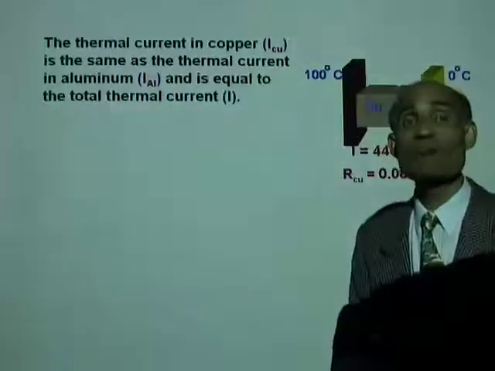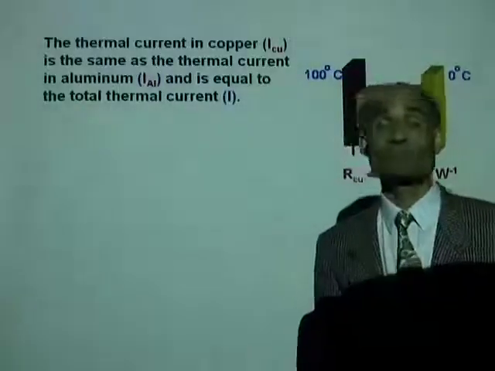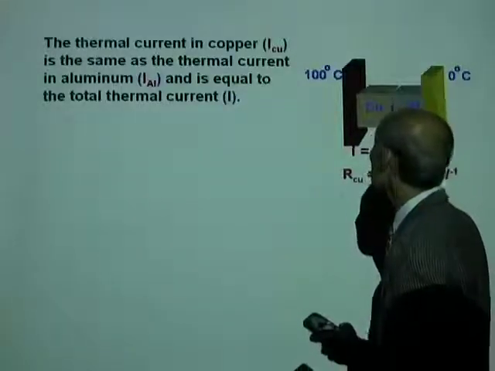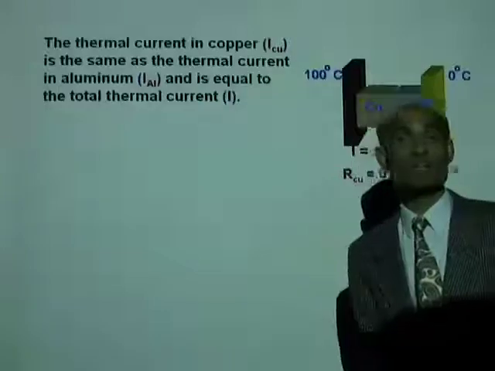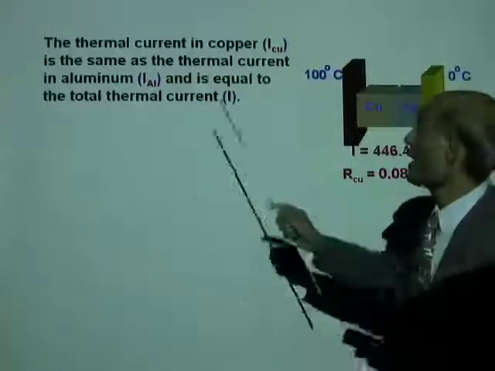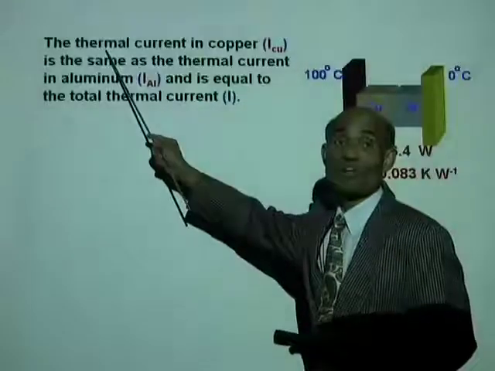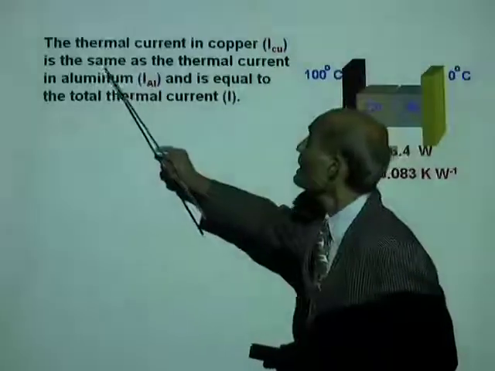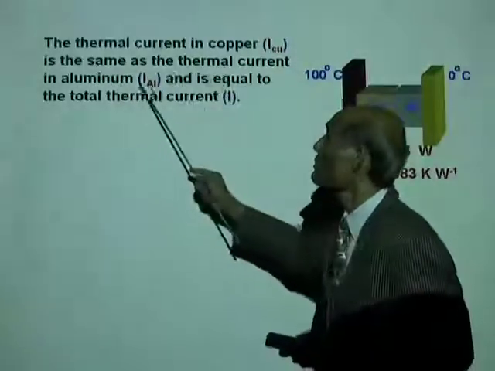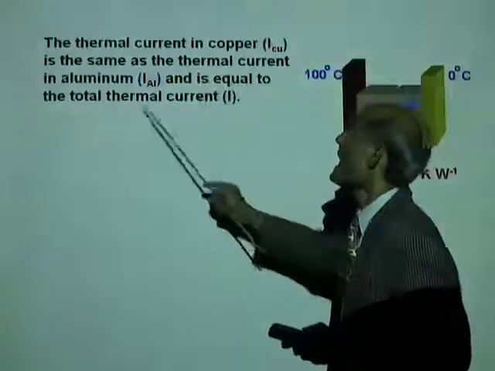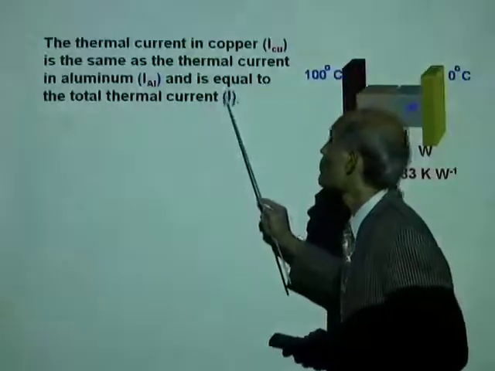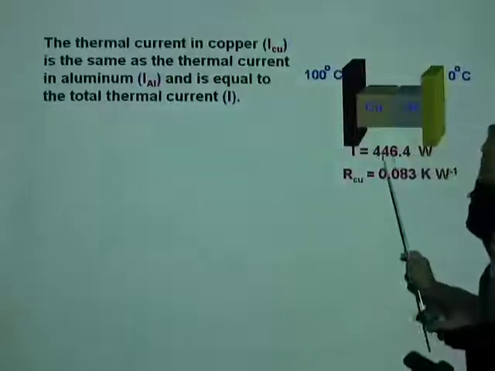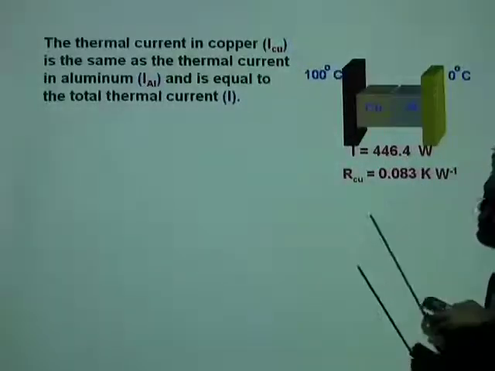What is the next part that we need to find? We need to find the temperature at the interface. What is the temperature at that interface? Well, for that, I already talked about this. The thermal current in copper is the same as the thermal current in aluminum and is equal to the total thermal current I, which is 446.4 watt.